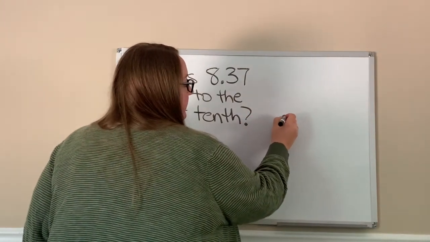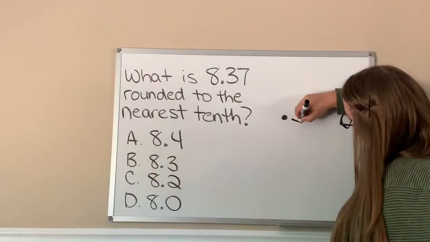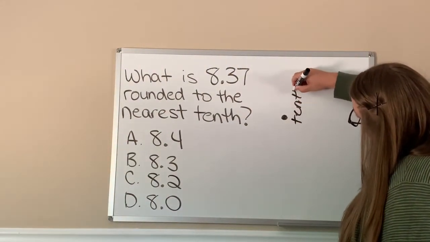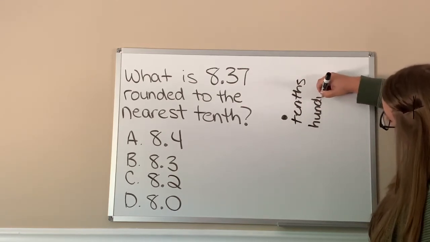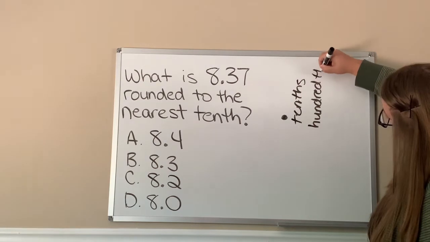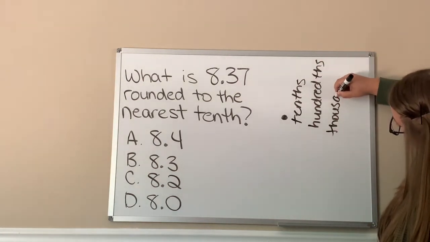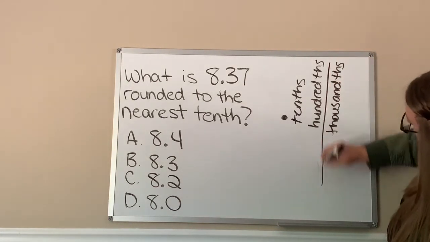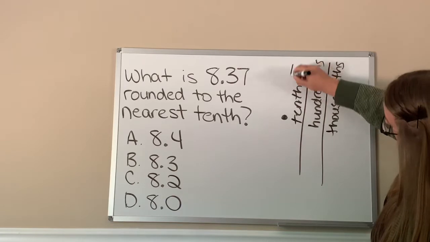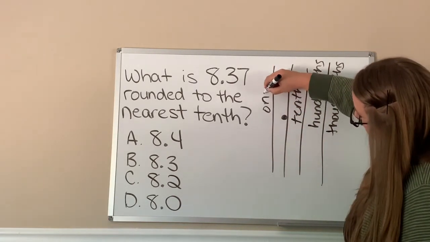So you'll have your decimal, and then you'll have your tenths place, your hundredths place, and your thousandths place. And then you can just draw like this. And then of course on this side of the decimal, you'll have your ones place.